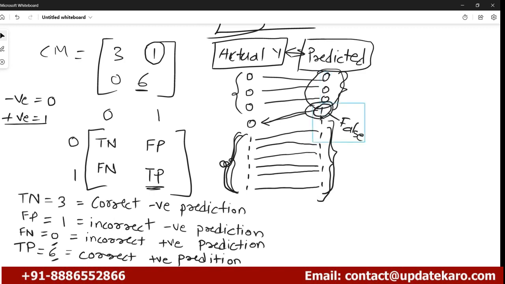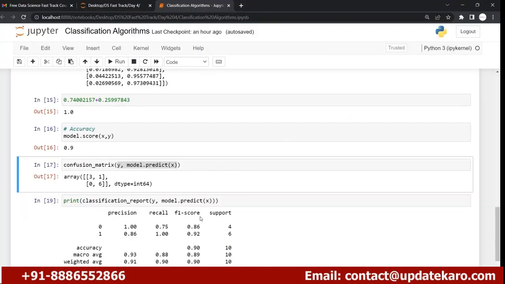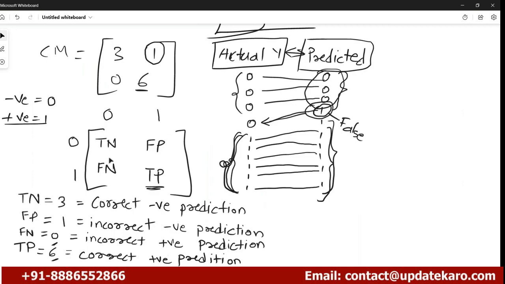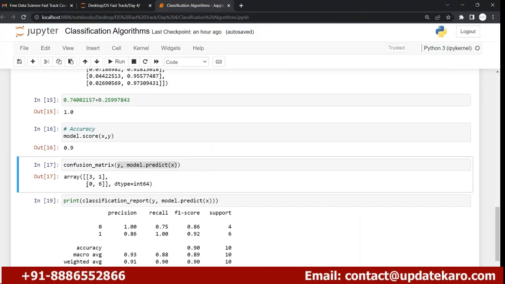So how many correct predictions are there? A total of 9 correct predictions in the confusion matrix. If you sum the diagonal values, you will see that 3 plus 6 equals 9.